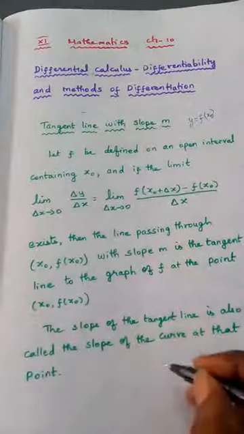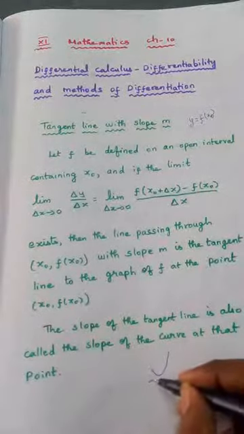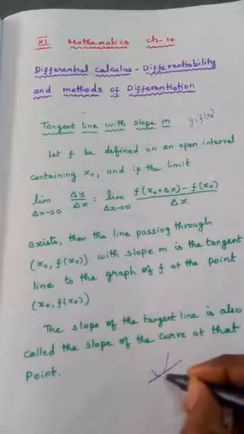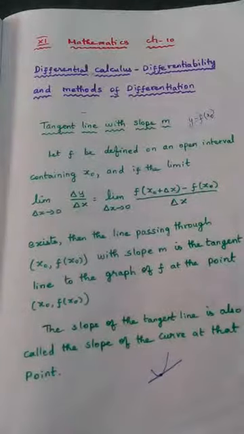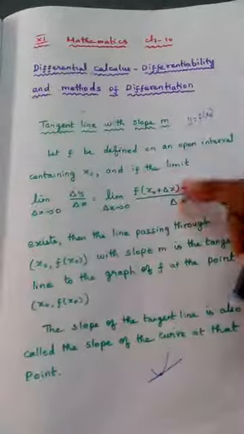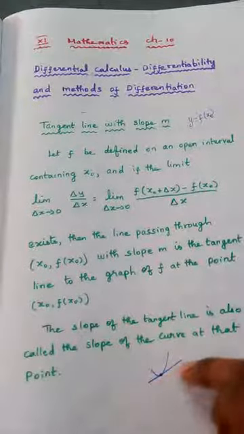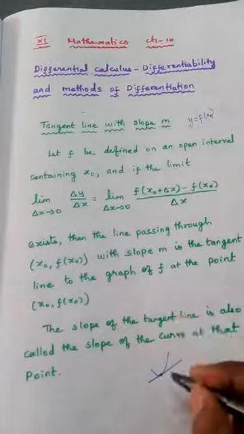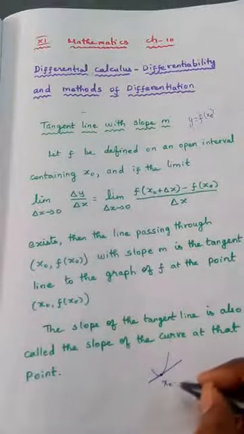For example, if there is a curve like this, and if this is the tangent, you know very well what is the meaning of tangent. Tangent means it touches the curve at only one point. That is how we have studied. So this is nothing but the formula for calculating the slope of this tangent line, where this point is called x0.